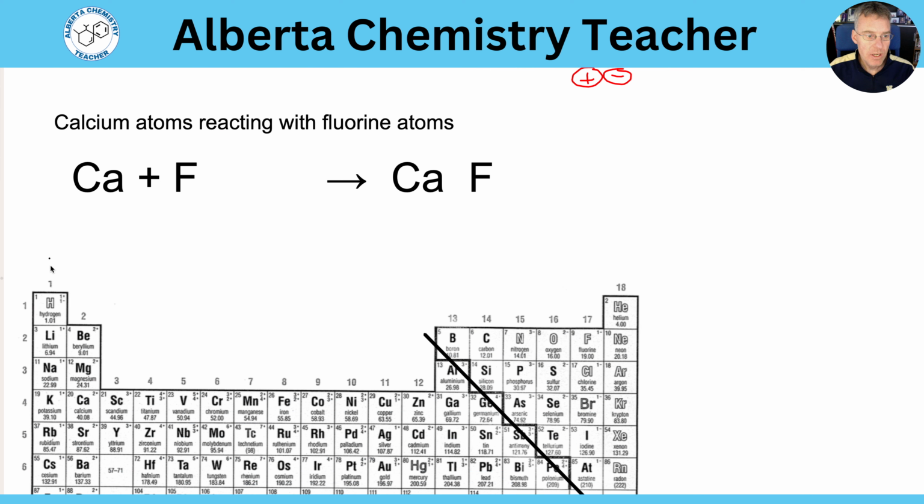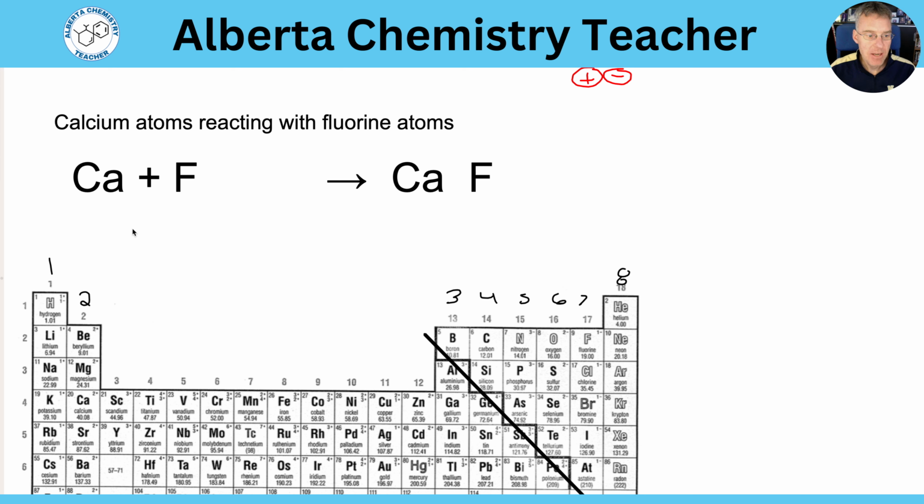Everything in group 1 has 1 valence, group 2, 2 valence. We're skipping the transition metals in the dot diagram notation to group 3A, which is 4, 5, 6, 7, and finally 8 valence electrons with our noble gases.